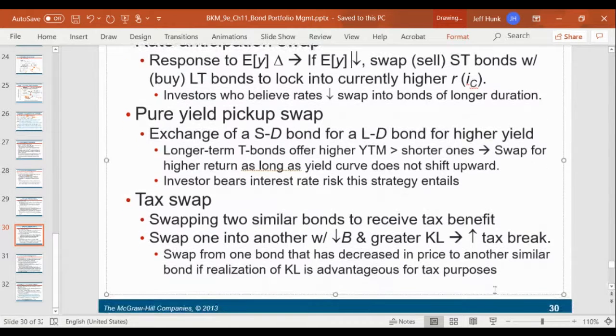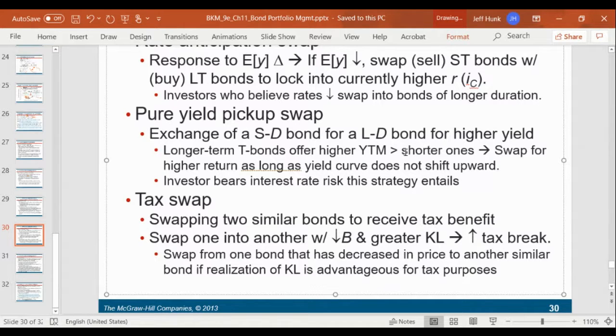And the tax swap is swapping two similar bonds to receive a tax benefit. So you swap one bond into another one with a lower price, and when the price is lower, the capital loss will be greater. And why would you want a greater capital loss? Because you want to claim a tax break.